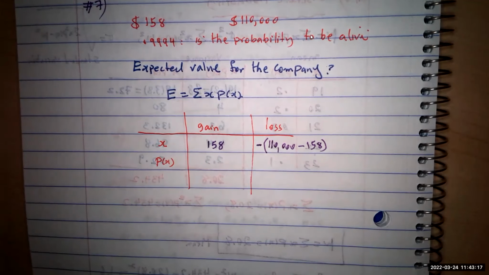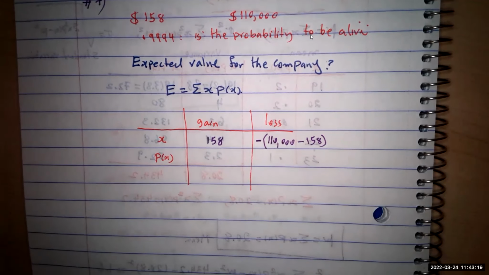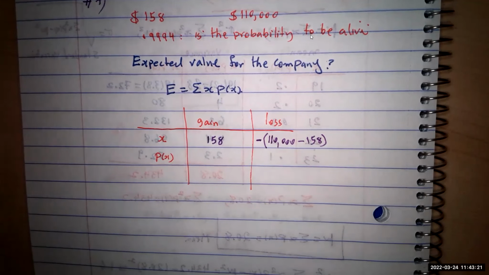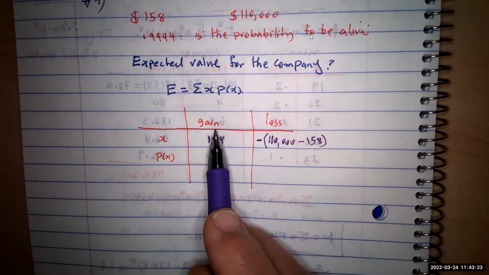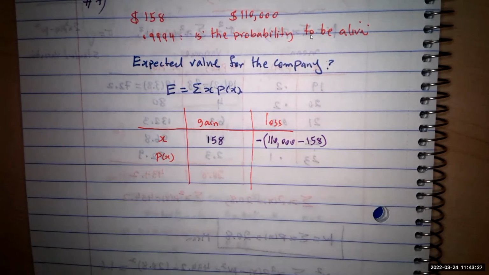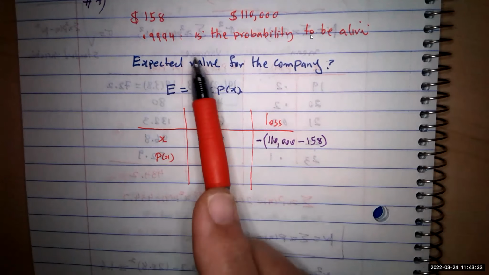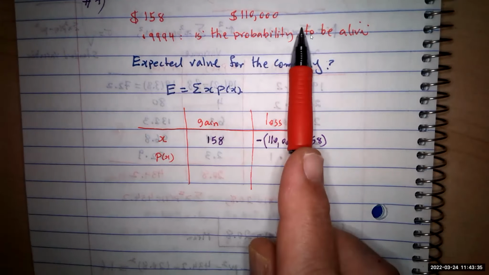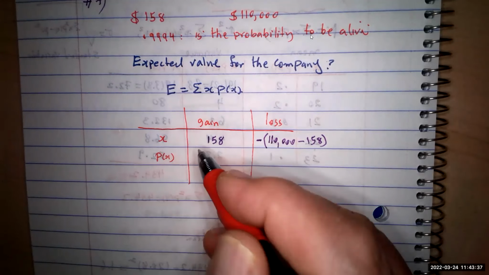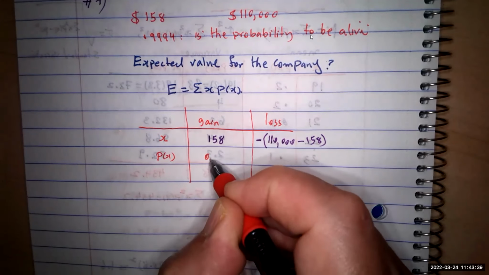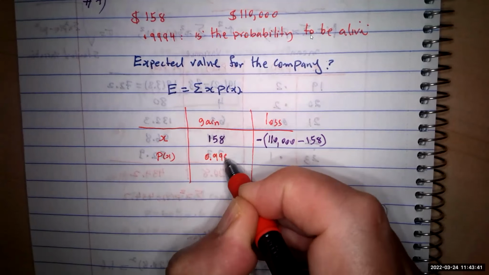Okay, any question? Now, what's the chance that the company will get the money? The company would get the money if the person is alive at the end of the year. And the probability that the person would be alive is almost 100%, so the probability that the company would get the money is going to be 0.9994.